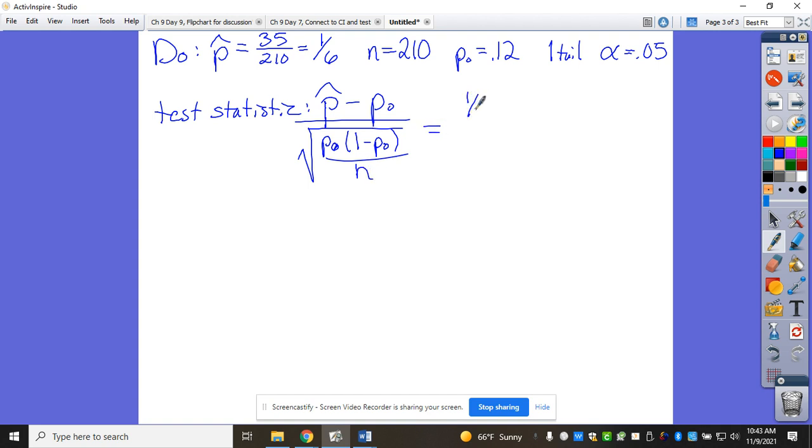So plug in my numbers: 1/6 minus 0.12, over the square root of 0.12 times 0.88 divided by 210, and you end up getting a test statistic value of about 2.08. Why do I usually choose to stop it at 2.08? Because for Z, I usually write 2 decimals. If you write 2.083, that's fine.